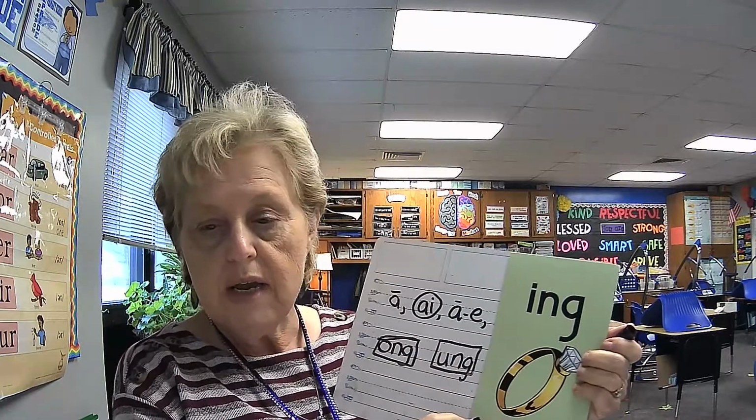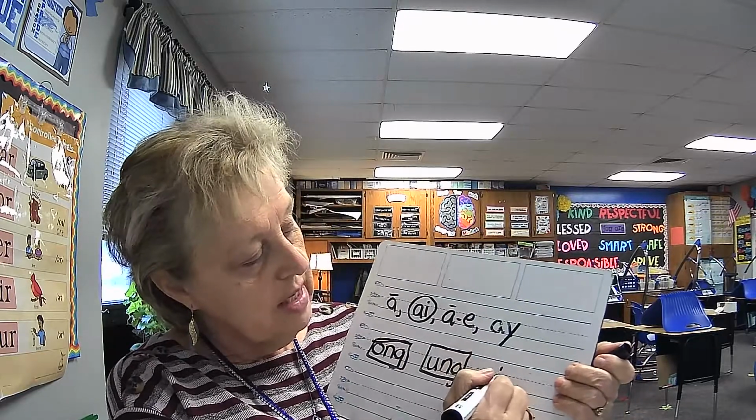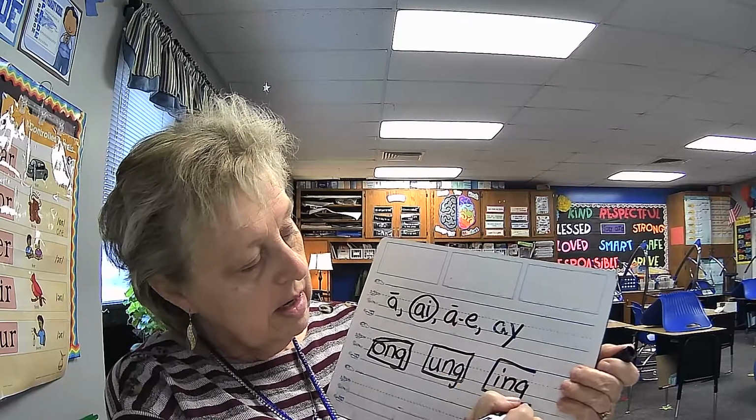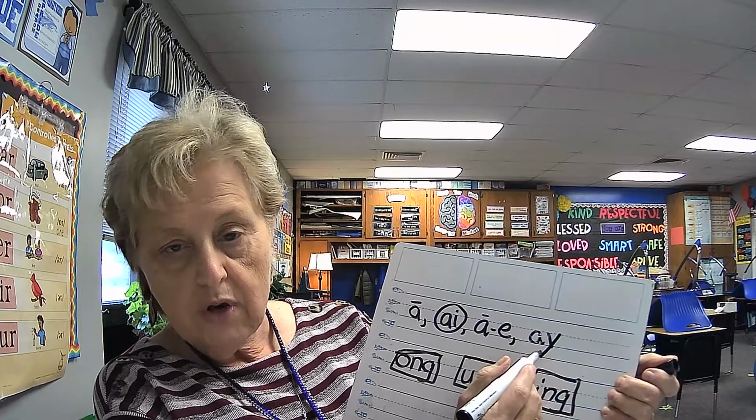And we'll do one more. Echo me. I-N-G, ring, ing. Oh, look, there's another N-G glued sound. Okay, so we have A, A-I, A consonant E, and A-Y for long A sounds.